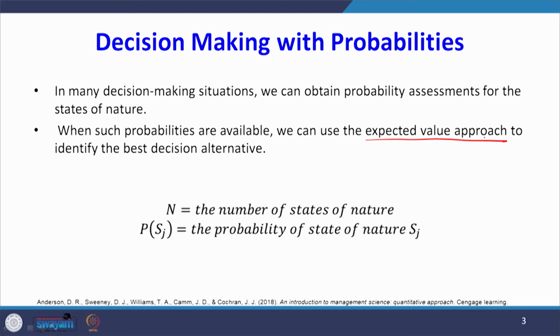So, capital N is the number of states of nature. In our problem 2, P(S_j) represents the probability of states of nature. Here j covers the possibility of strong demand and weak demand.